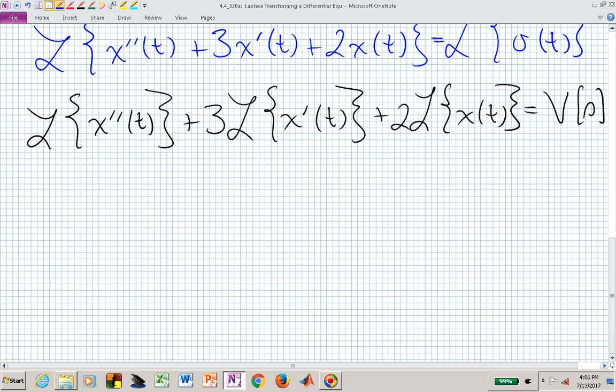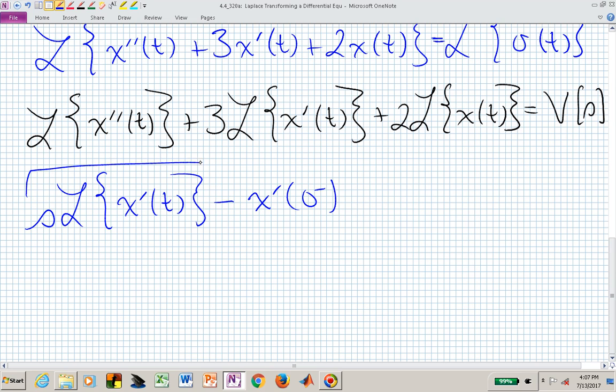For the Laplace transform of x double prime, we can say that's s times the Laplace transform of the waveform that's one less differentiation than what we started with, so that's x prime of t, minus the waveform inside this existing Laplace transform, which is x prime, evaluated at t equals 0 minus.